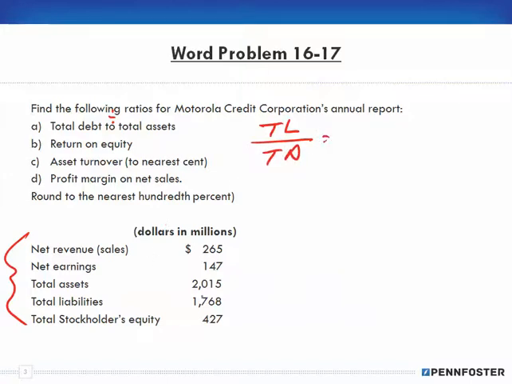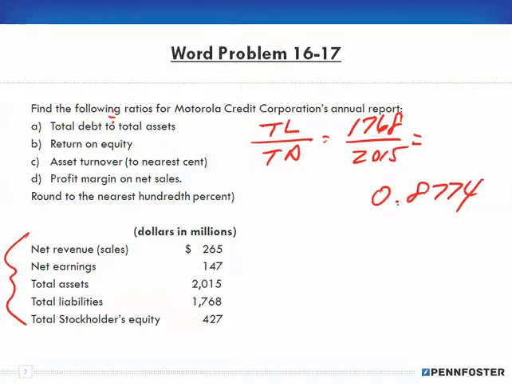When I look at my information here, my total liabilities are 1768 and my total assets are 2015, I divide one by the other. 1768 divided by 2015, and I get 0.8774, which is 87.74%. So for total debt to total assets, it's 87.74%.